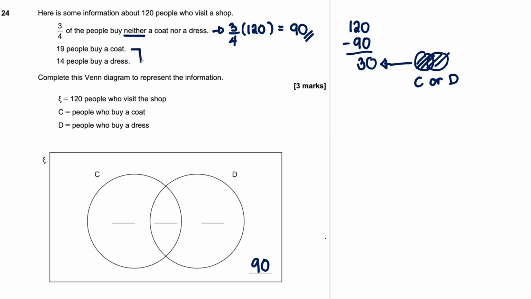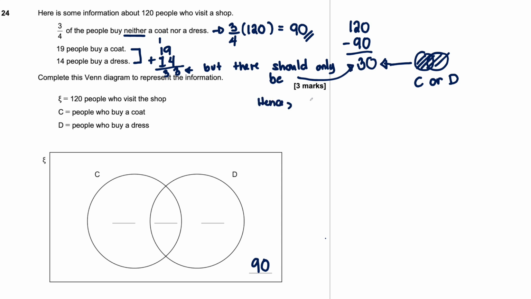Now, if you add the people who bought coat or dress, that's 19 plus 14. That's actually equal to 33. But there should be 30 people only.